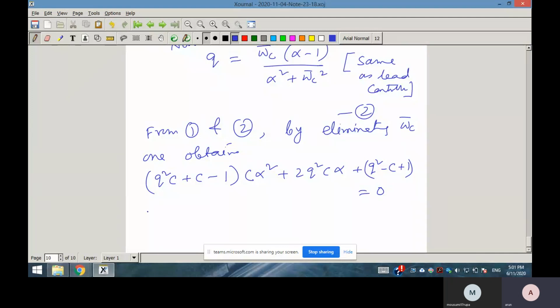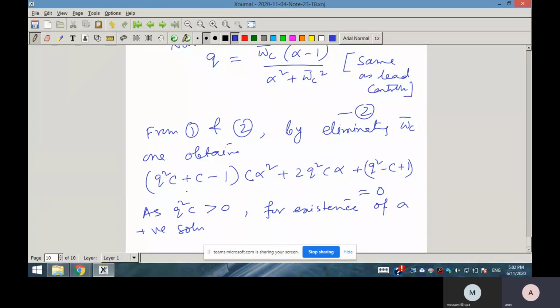So here also, as in the lead controller, as q square c is greater than 0, what is the condition for existence of a positive solution?